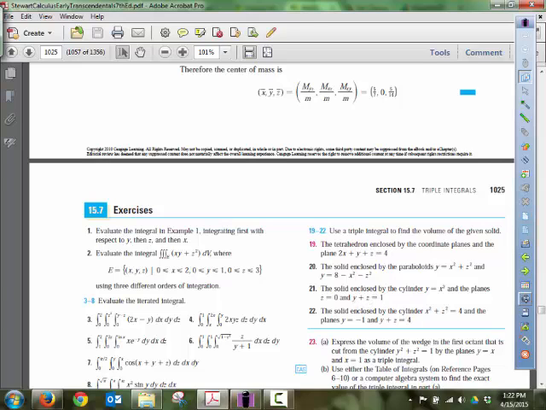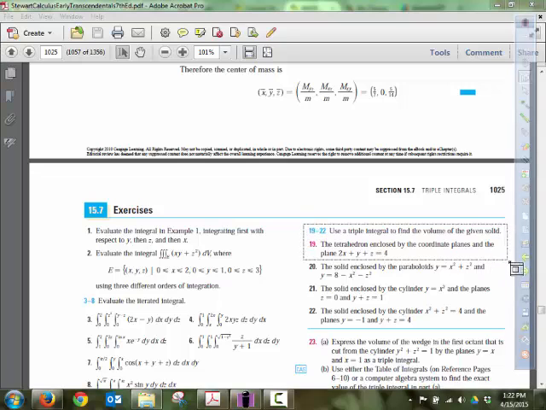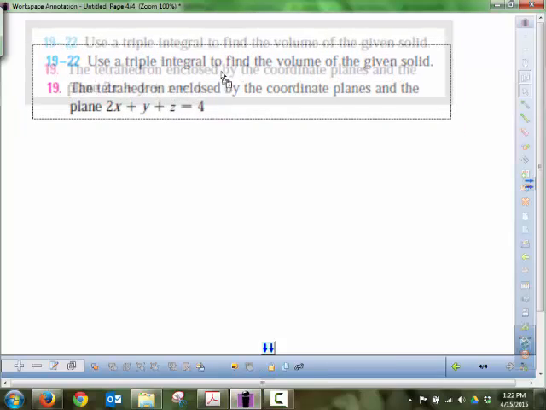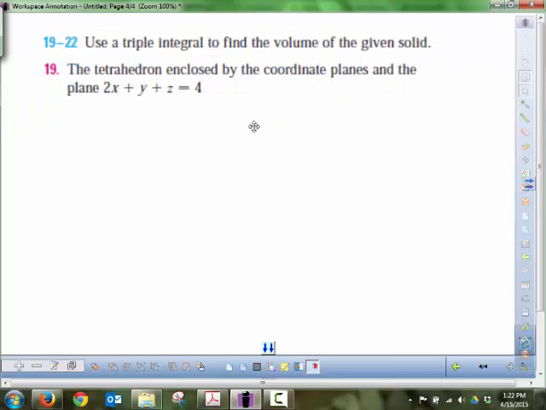Yeah, let's go with that easy one. The tetrahedron enclosed by coordinate planes.